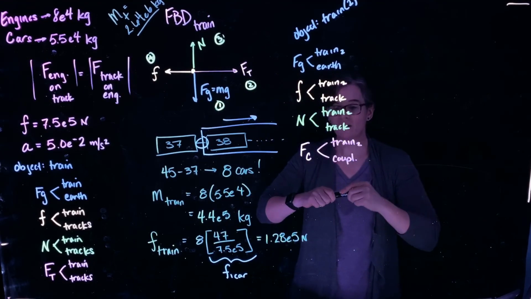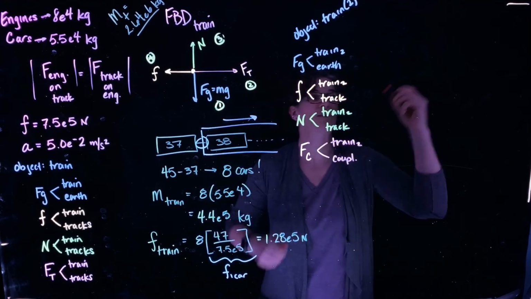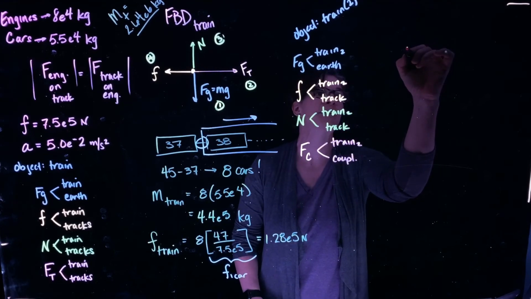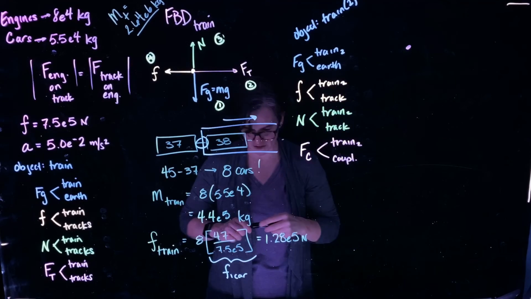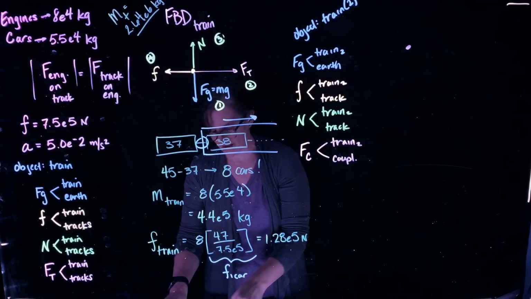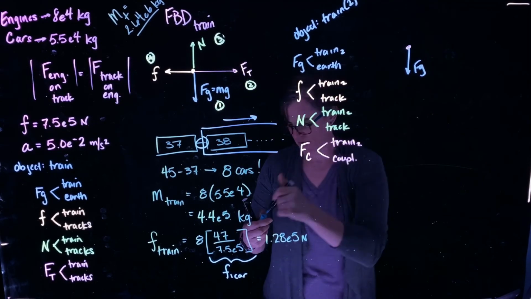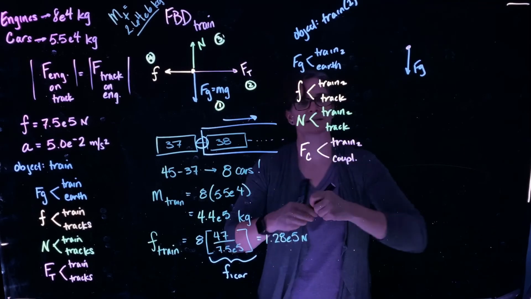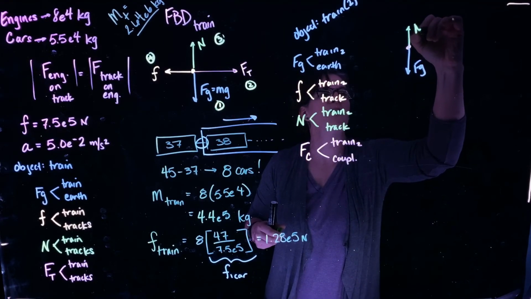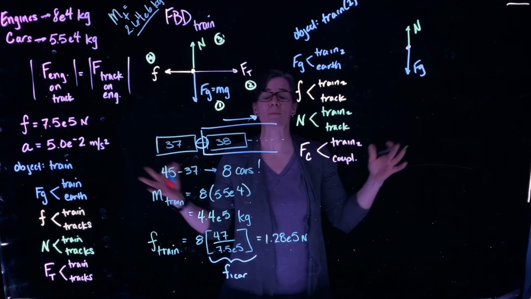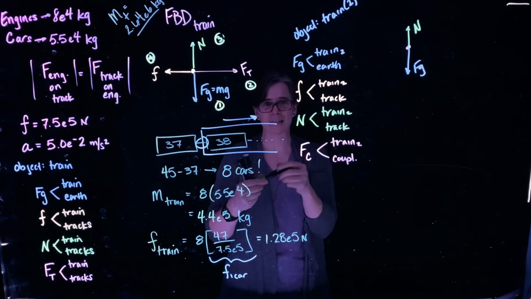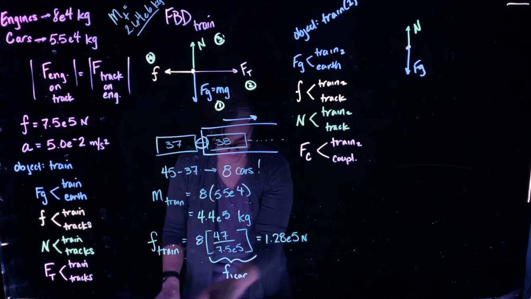So if we draw our free body diagram of this situation, it's going to look very similar to our other situation. We, of course, have the force of gravity, and we have the normal force. Those are going to look the same in magnitude because the train is not accelerating in the upward or downward direction.